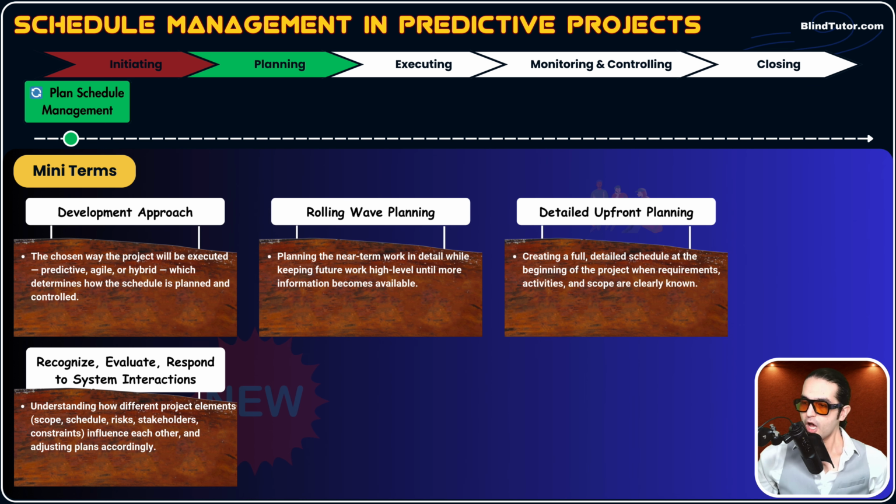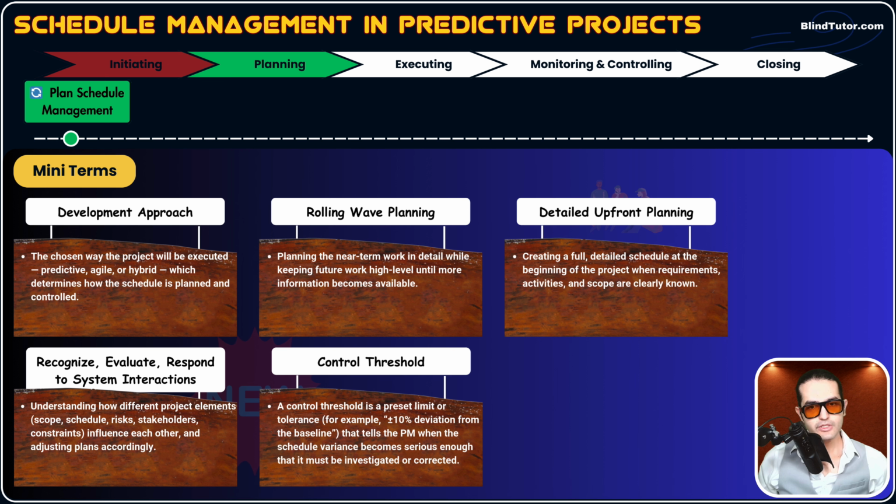The next term, control threshold. What's control threshold, guys? We have the control threshold concept in schedule, in cost, in quality parts of the project. So a control threshold is a preset limit or tolerance. For example, plus minus 10%. Okay, plus minus 10% deviation from the baseline. This is our control threshold.